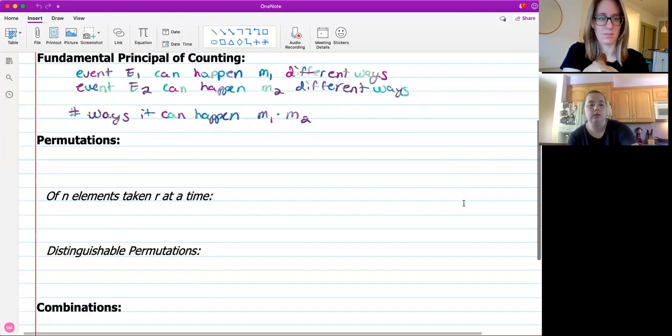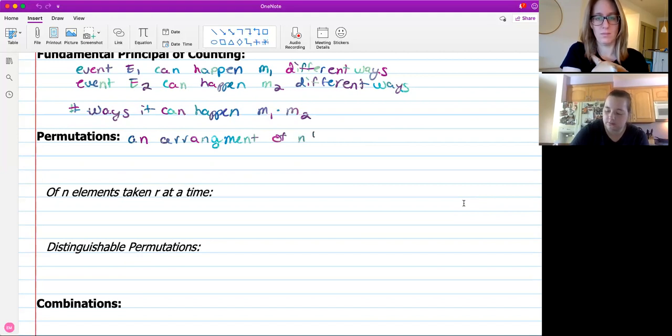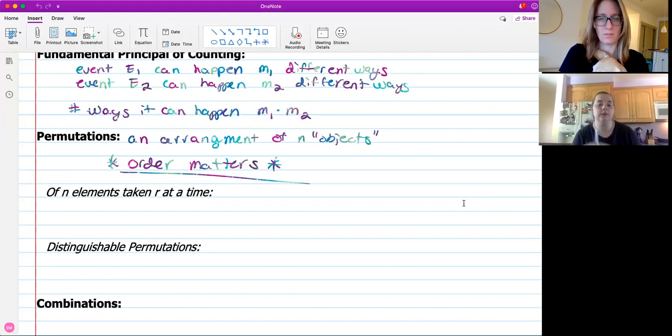Okay, so the next thing we talked about was permutations. Remember, this is just an arrangement of n different objects, and the big thing with this one is that order matters. That's how you tell the difference between your permutations and your combinations.